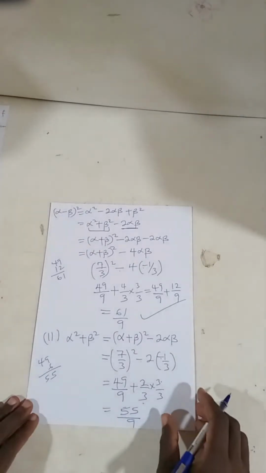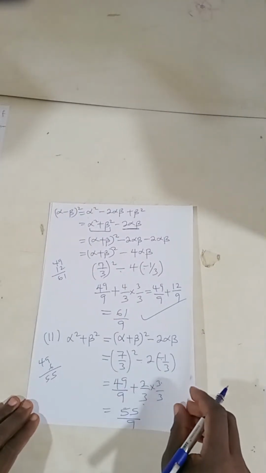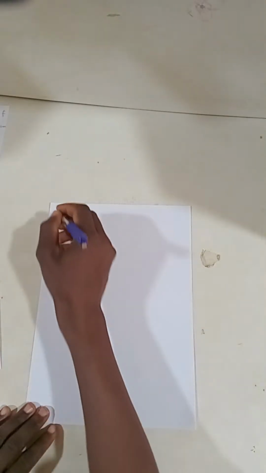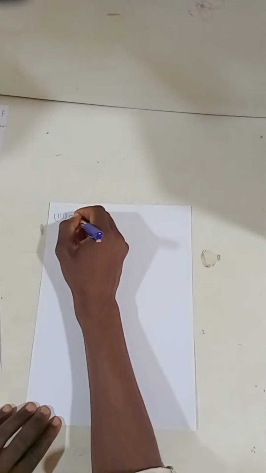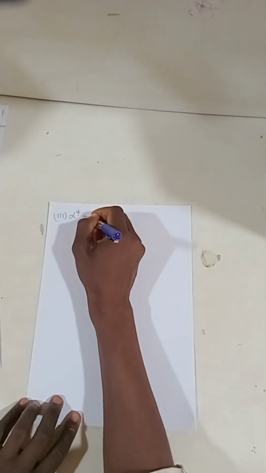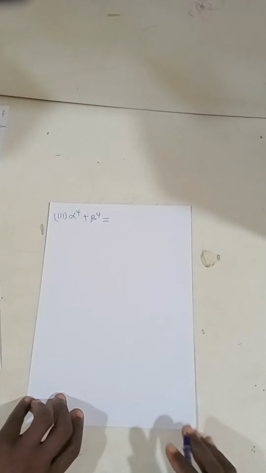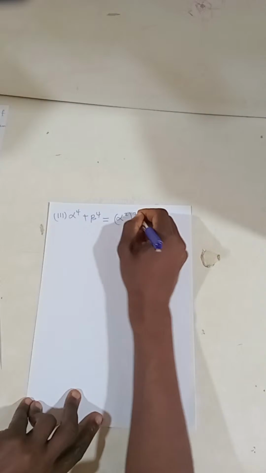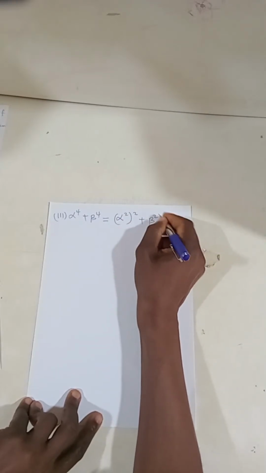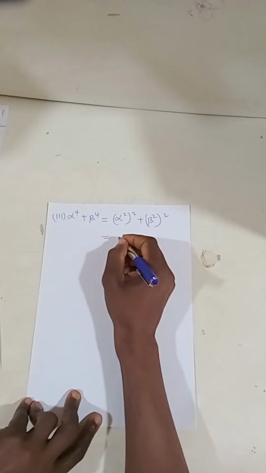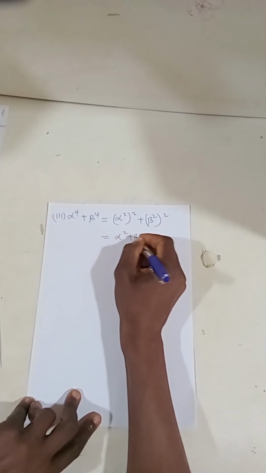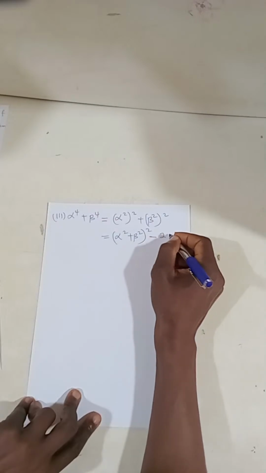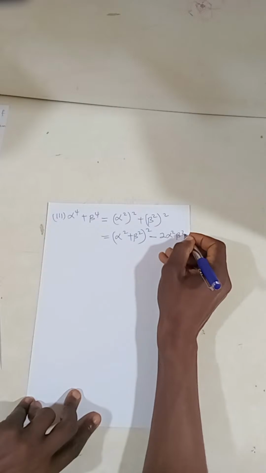So let's see the last part of this question, the third one, which is alpha to power 4 plus beta to power 4. From the identity, it is alpha square squared plus beta square squared, which is the same as alpha square plus beta square, all squared, minus 2 alpha square beta square.